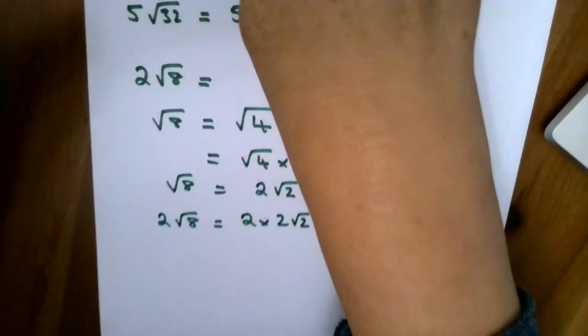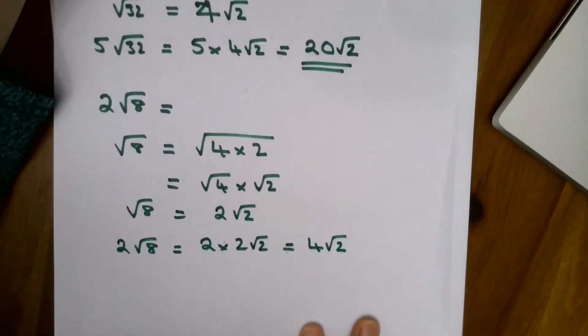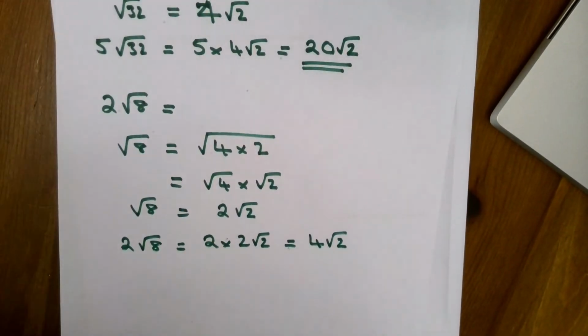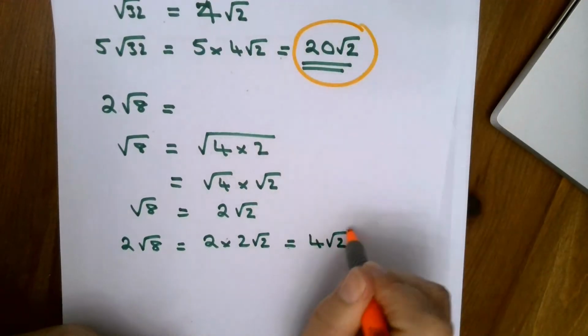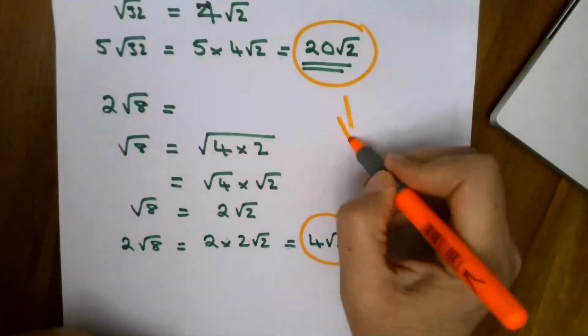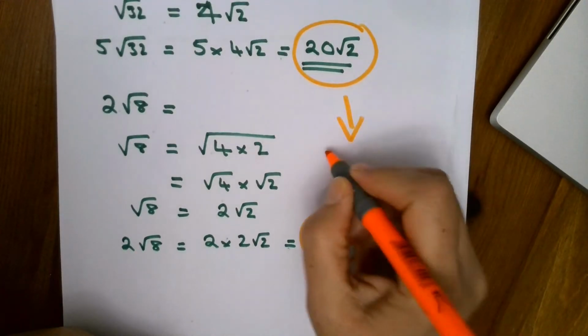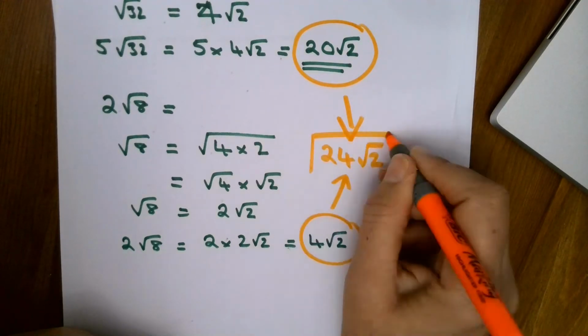So if we just look at what I've done in full now, I've got my 2 answers, which I now need to combine. So I want this totaled with this. So put these 2 together, add them together, and I get 24 root 2 as my final answer.